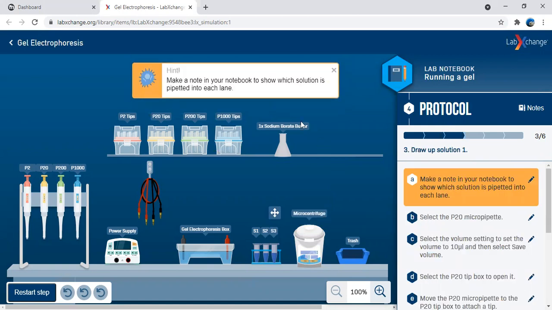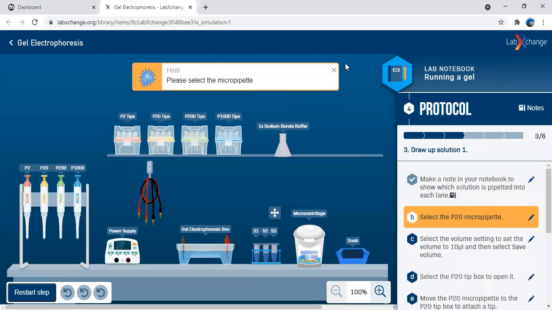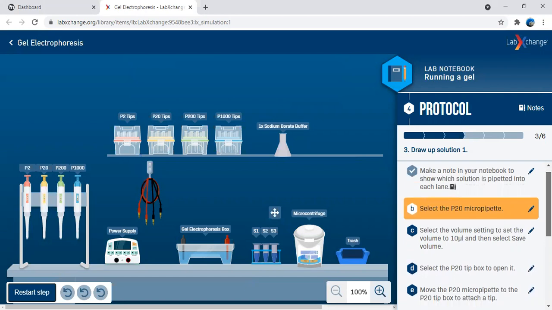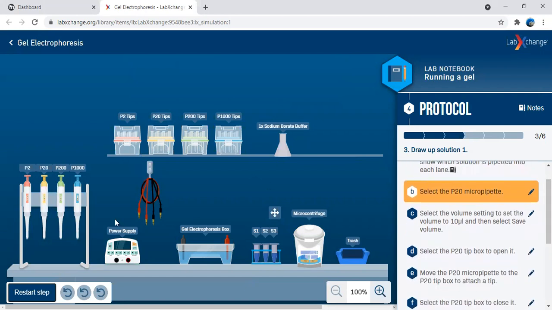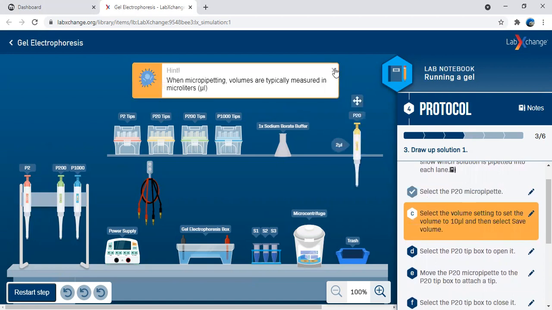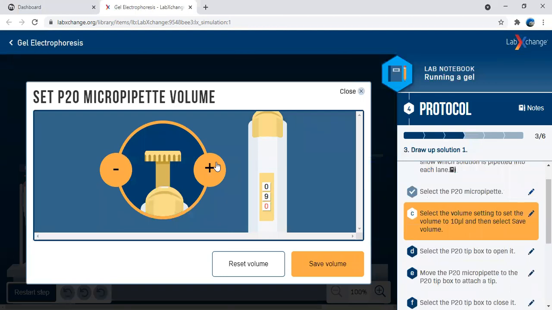Make a note in your notebook to show which solution is pipetted into each lane. Okay. Now I'm noting what I'm writing down. I'm going to select the P20 micropipette, this one. Select the volume and change it to 10 microliters.